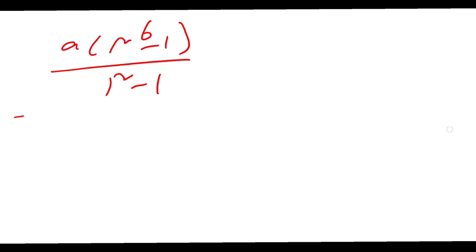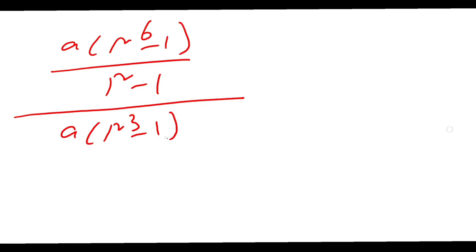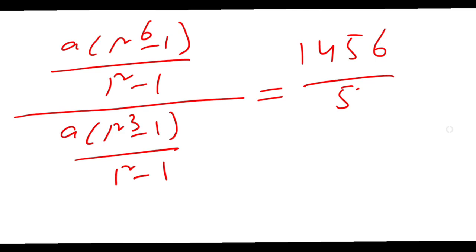So S6, we got a r power 6 minus 1 over r minus 1, divided by S3, which we got a r power 3 minus 1 over r minus 1, is equal to 1456 divided by 52.